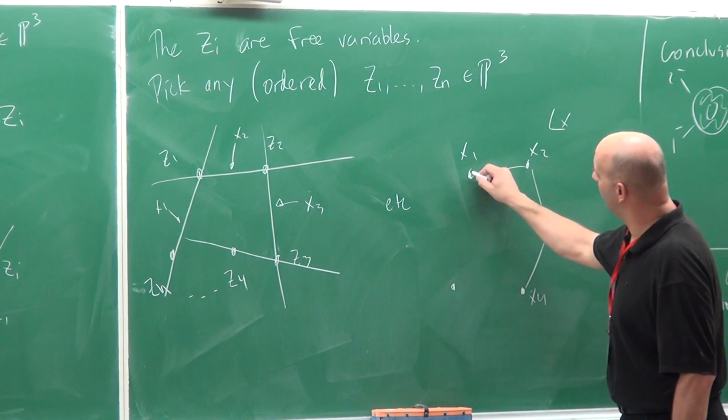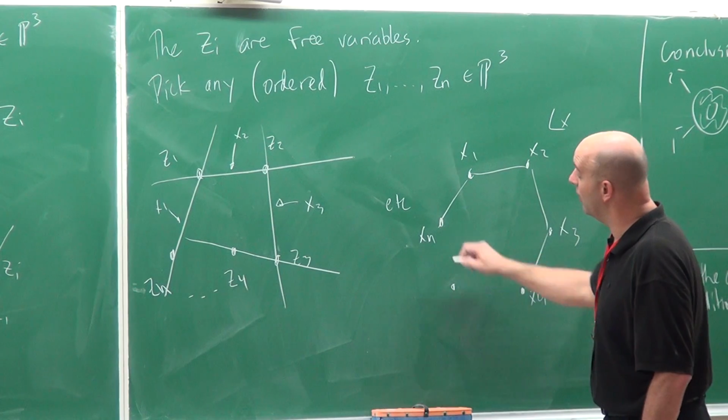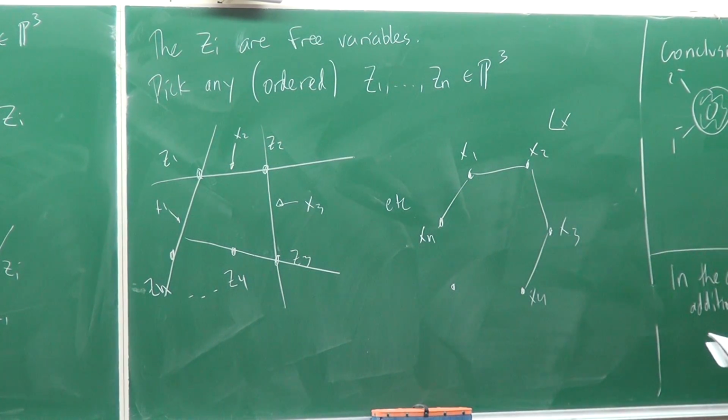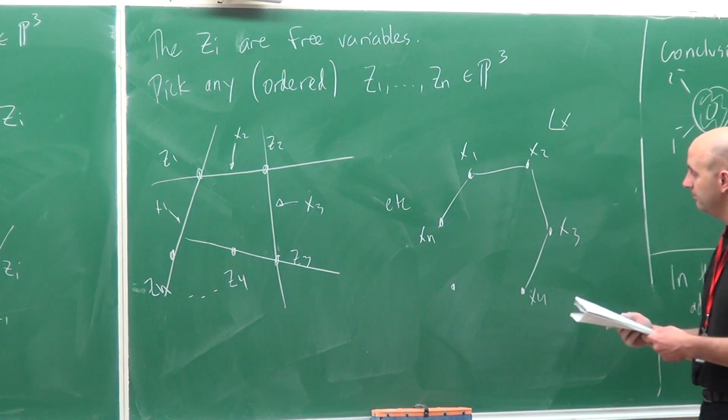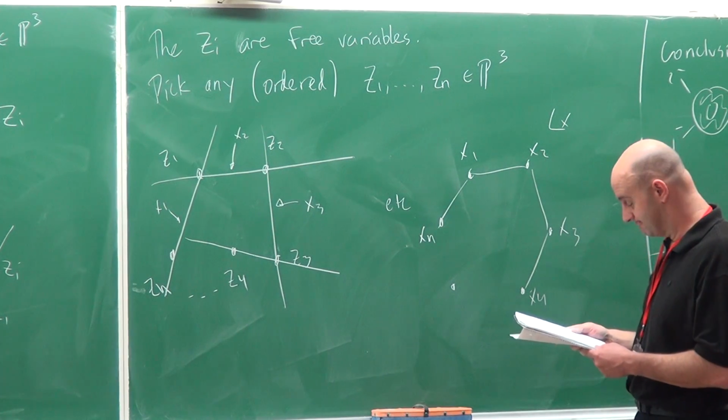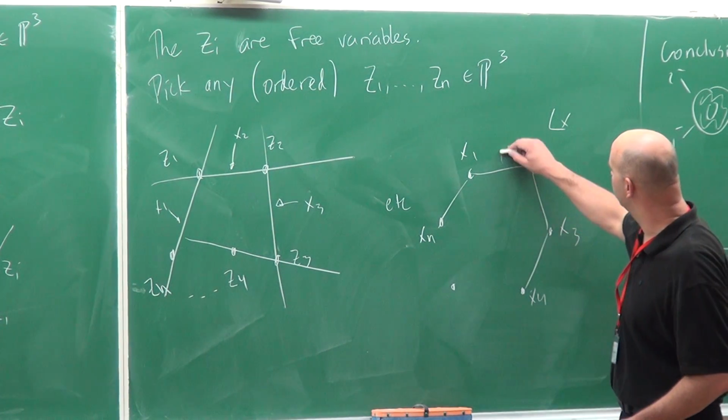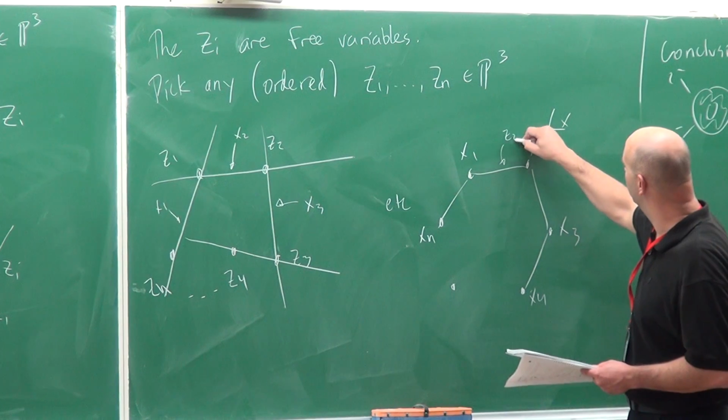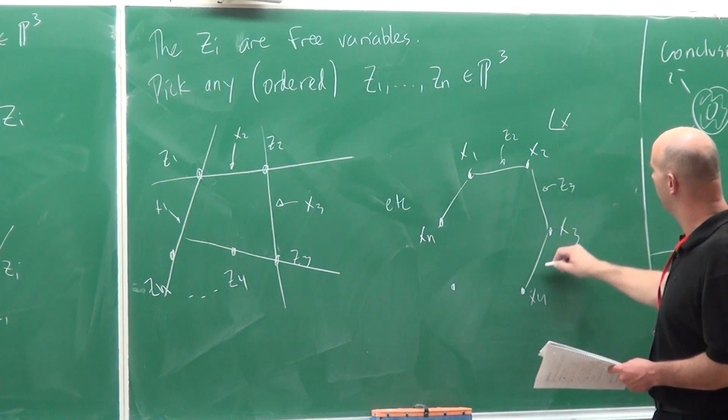And the point is that these are all guaranteed to be null separated as a consequence of this construction. So this line here corresponds to Z2, Z3.